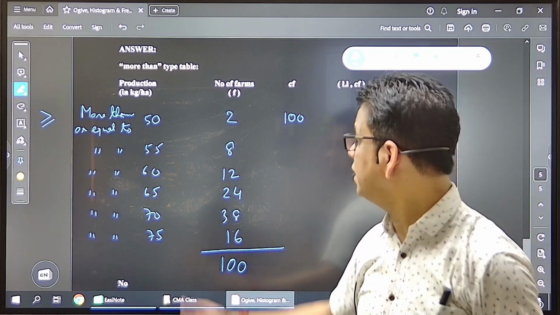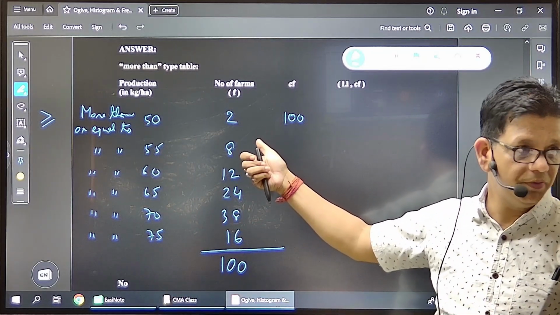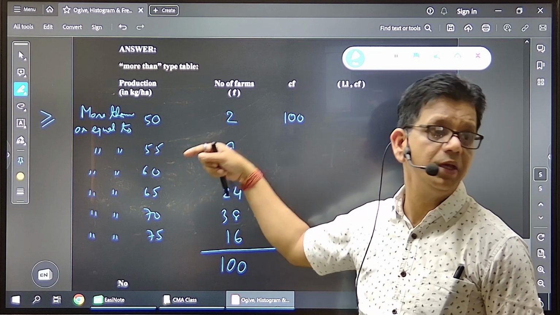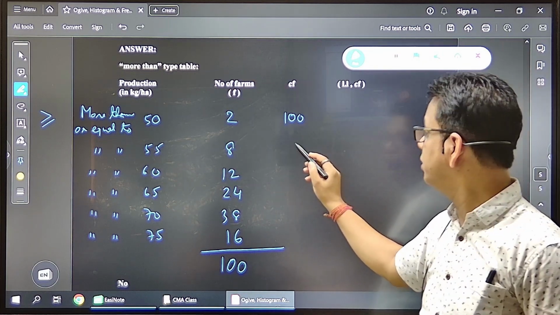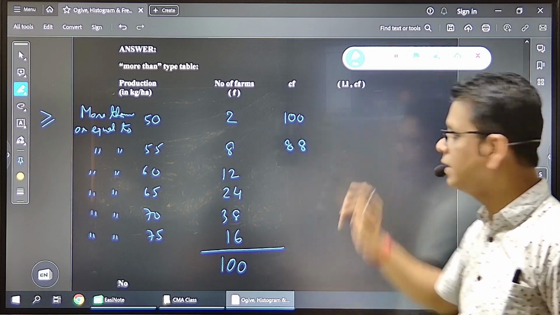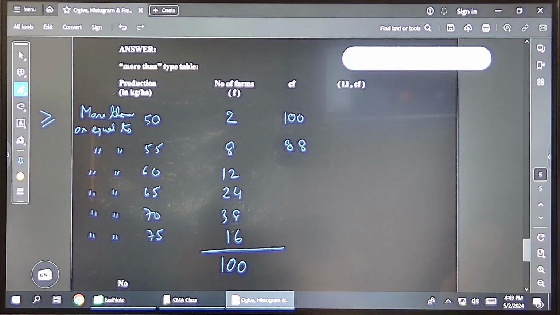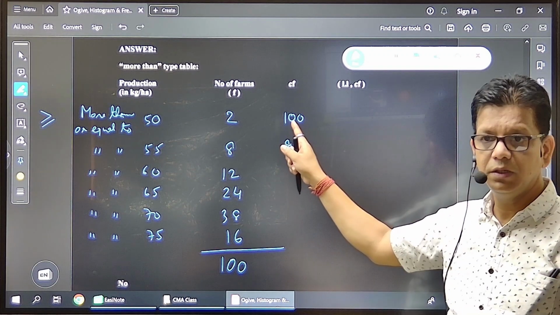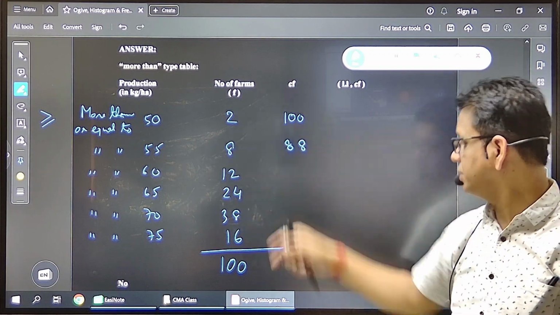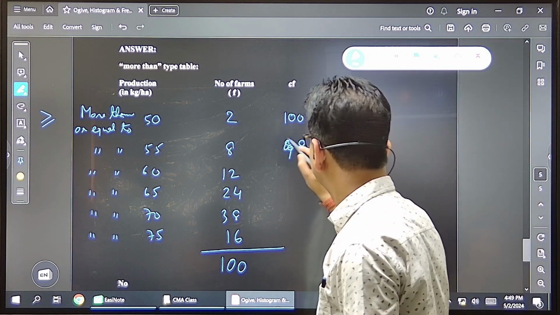So they did not get more than 55, and hence these two forms should be subtracted from this 100. So what will this be? 98. Sorry, it should be 98.